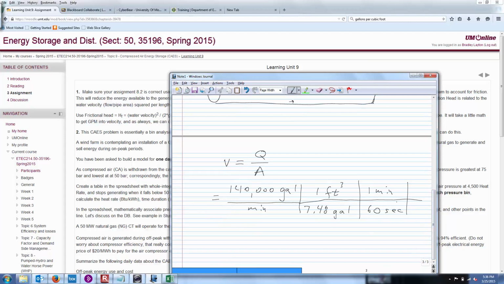And that's our Q. So I'll write Q in cubic feet per second, which is what we're looking for. So let's just do that math. Right now we're just converting Q. We're not going to worry about V just yet.